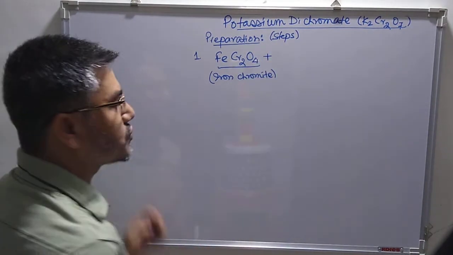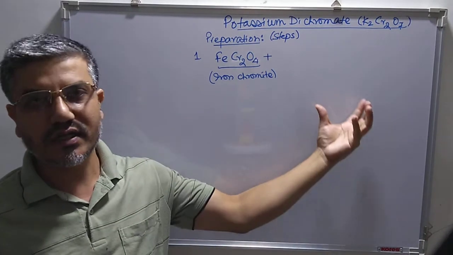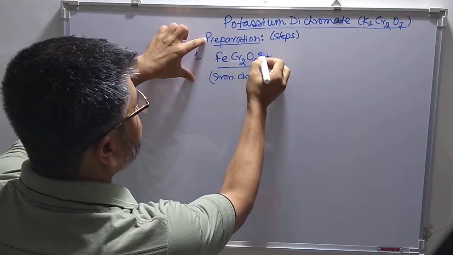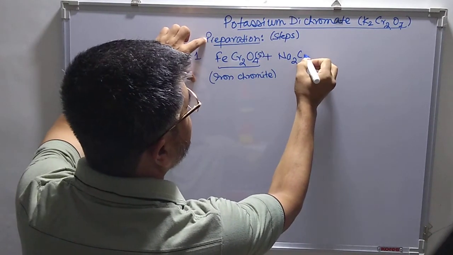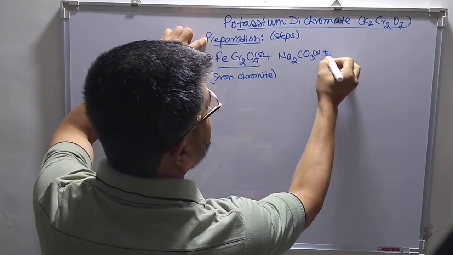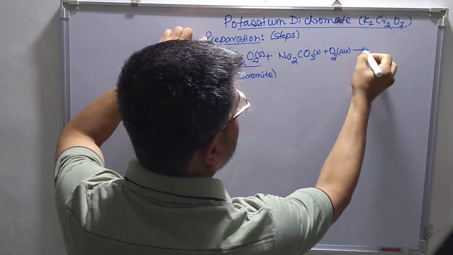This gives you sodium chromate, which is a yellow colored solution. So we have this iron chromite solid fused with sodium carbonate solid in presence of an oxidizing agent from air.